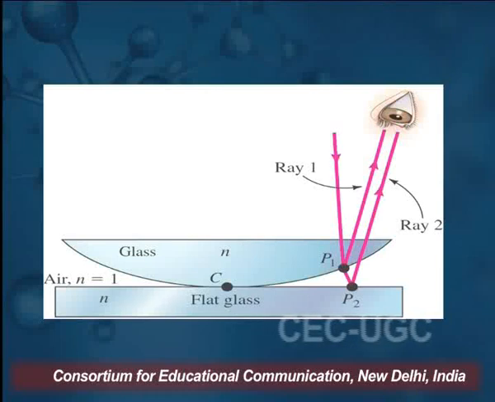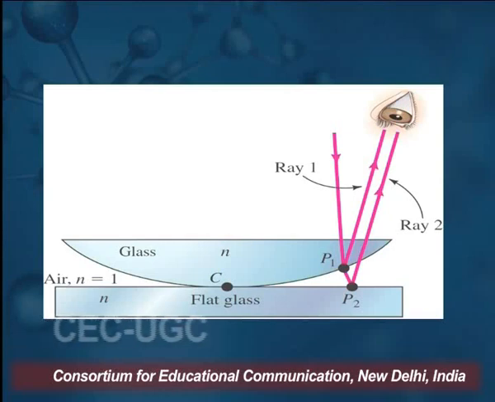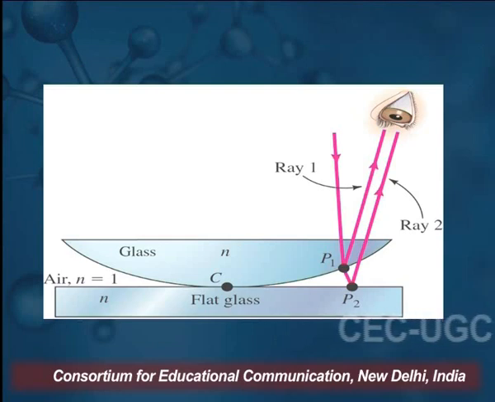Now this is the arrangement as we discussed, with the glass plate in contact with the plano-convex lens at point C. The thickness is 0 there and gradually increases as we move outwards.